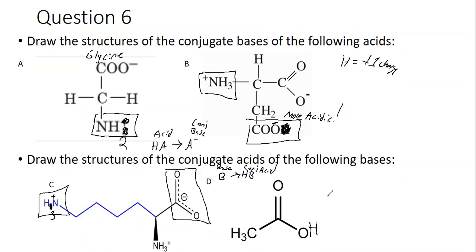So yeah, with an acid, you lose a proton. With a base, you gain a proton to make your conjugate pairs. Any questions about that? All right. If not, we can move on.